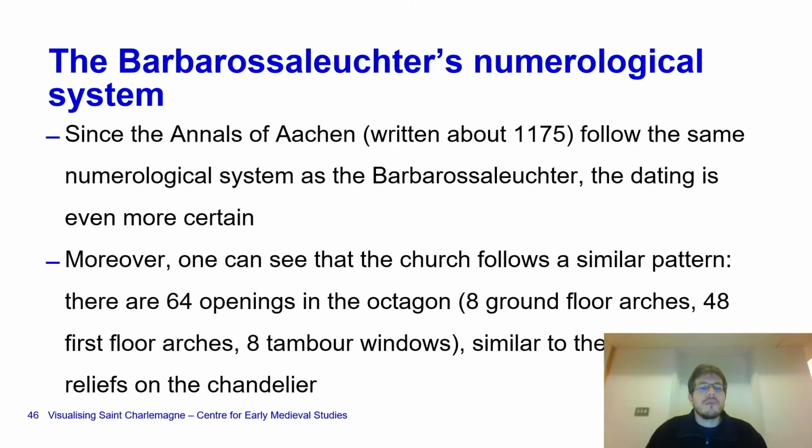Moreover, one can also see that the church follows a similar pattern. There are 64 openings in the octagon, for example, 8 in the ground floor arches, 48 in the first floor's arches, and 8 in the tambour windows. This is similar to the 64 lost saints' reliefs on the chandelier.